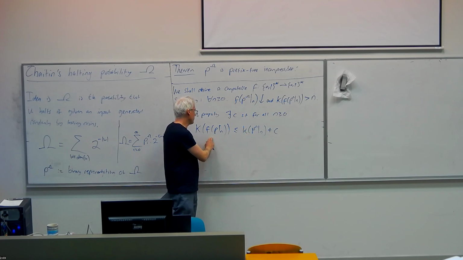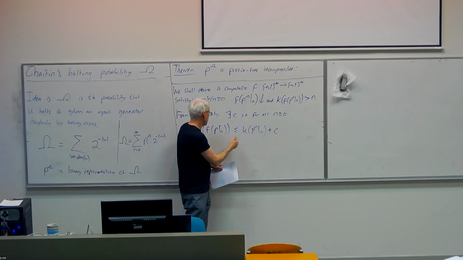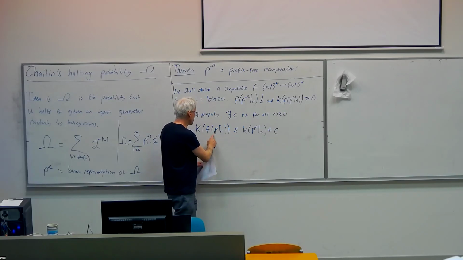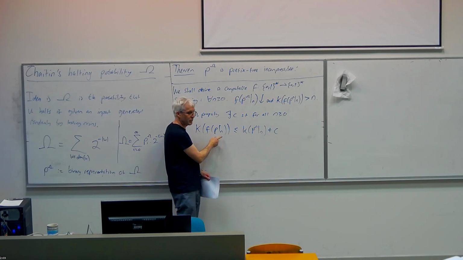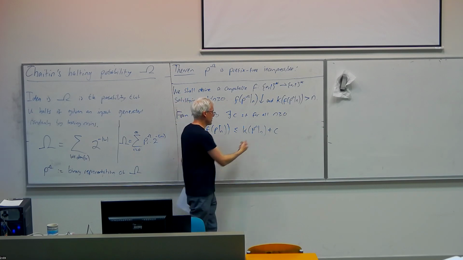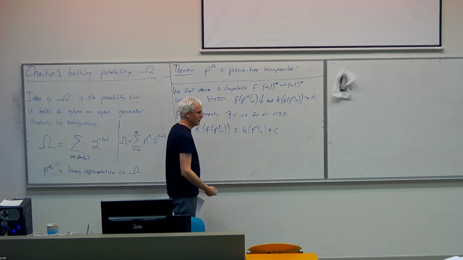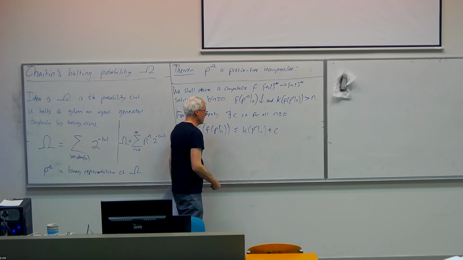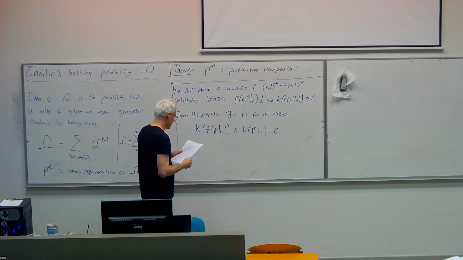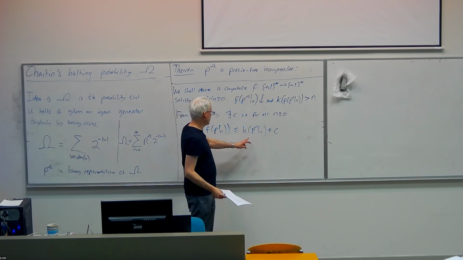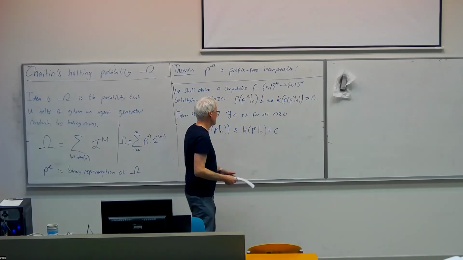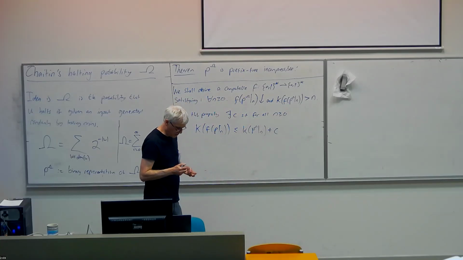So whenever you have a computable function, it at most increases. This has got nothing to do with the fact that we're giving the function f here a prefix of the halting probability. We've just got a computable function, so there's necessarily a constant that it can, at worst, increase the prefix-free complexity by.